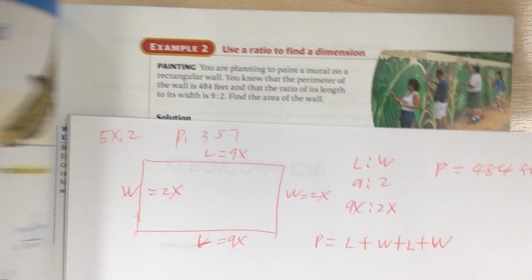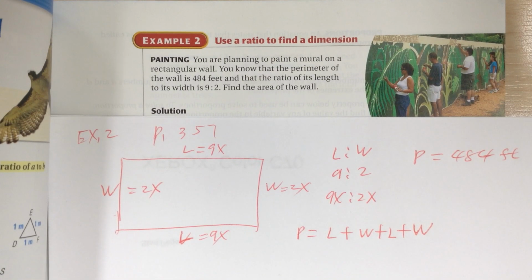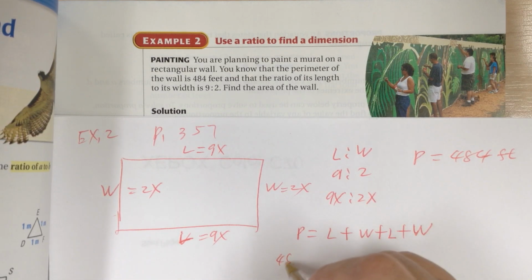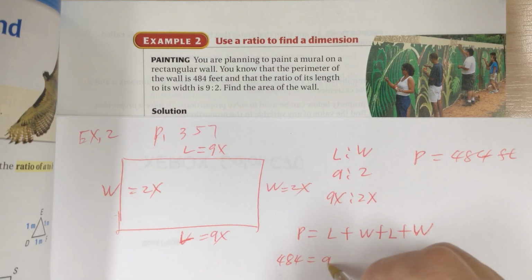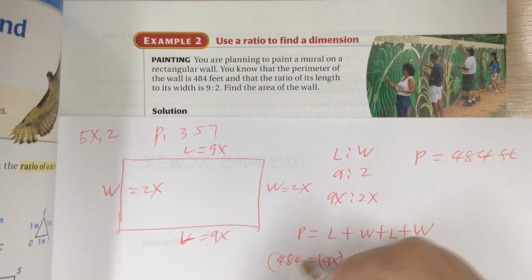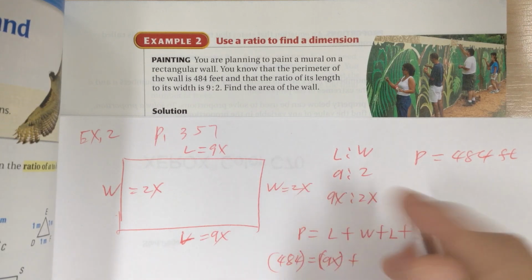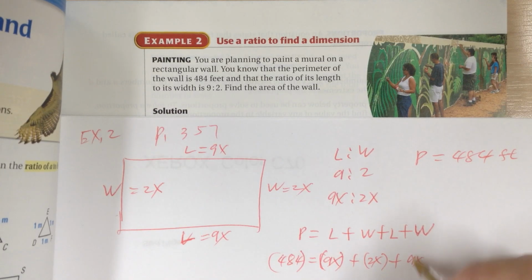That's what perimeter is, right? So first write down your formula, then go ahead and substitute. Perimeter is 484 feet. The length is 9x. Whatever you substitute, put in parentheses, that way you know what you substituted. Width is 2x. Length is 9x. Width is 2x.